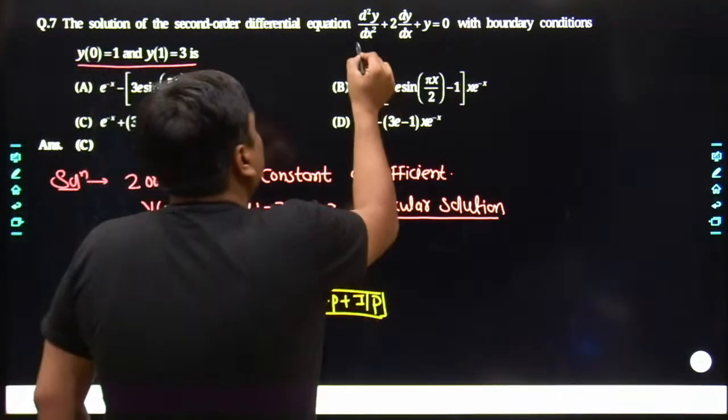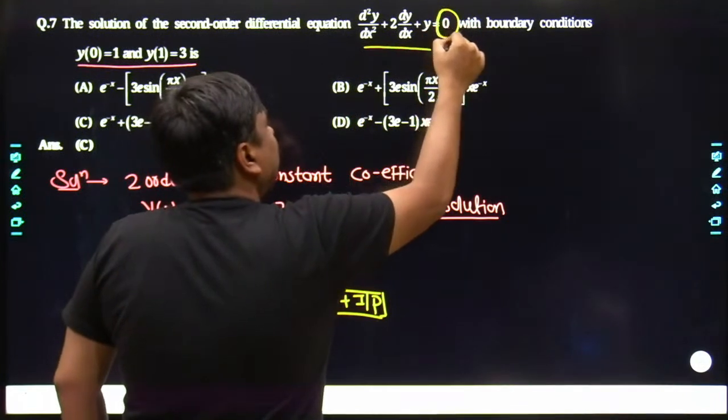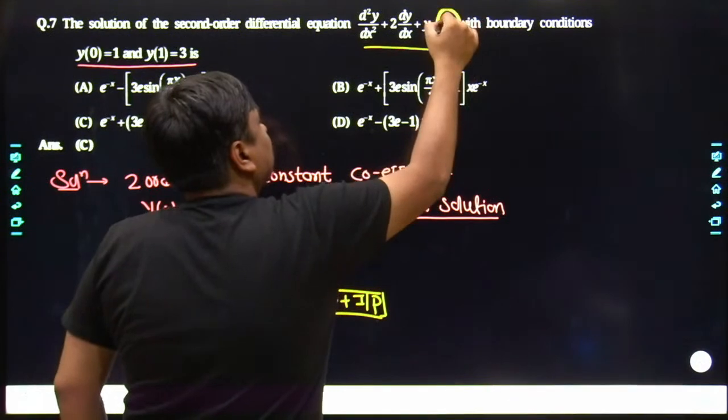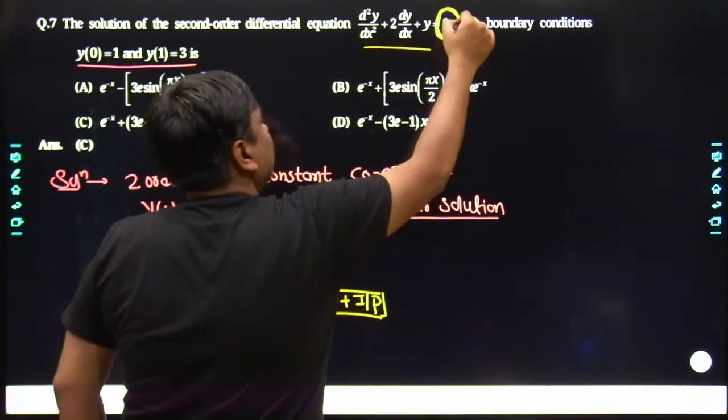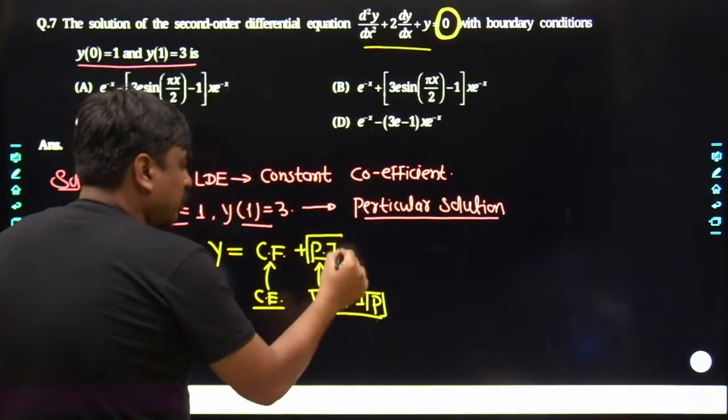Once you watch this problem carefully, you'll get to know there is a case of zero input response. That means there is no physical input connected across this system. So obviously the PI would not be present over here.